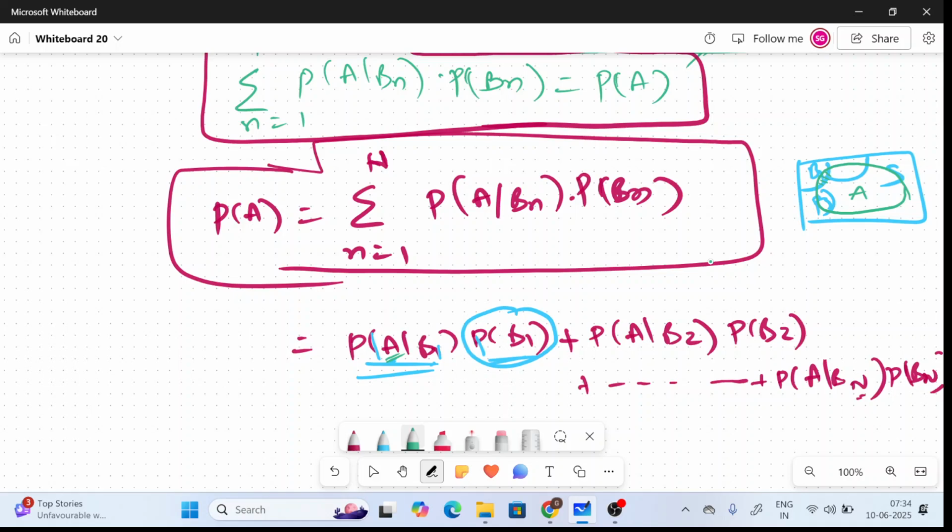This is the contribution from B1. And this is the individual probability of B2, and the probability of A intersecting with B2, this is B2, this is B3 and so on. If you combine all together, then you get the total probability of A.